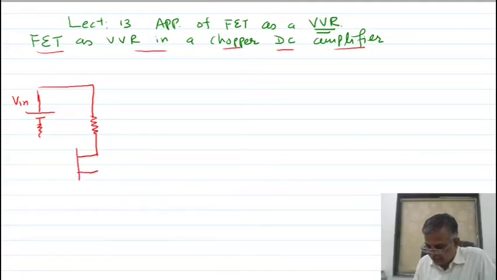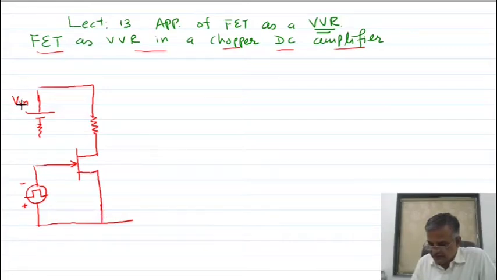See, this is the FET we are using as a VVR. With the help of a negative square wave applying to the gate of the FET, this DC is converted into AC at the output of this FET.